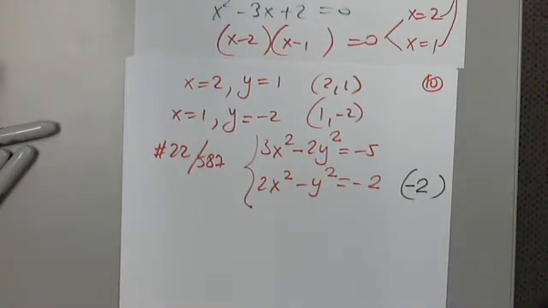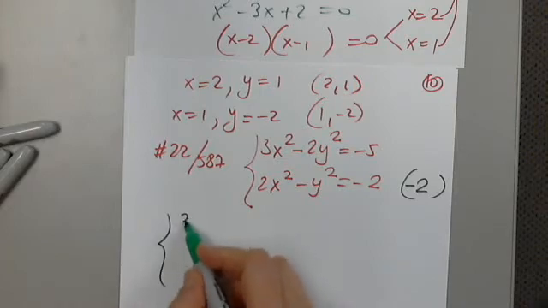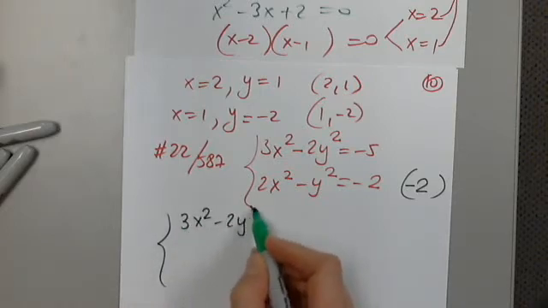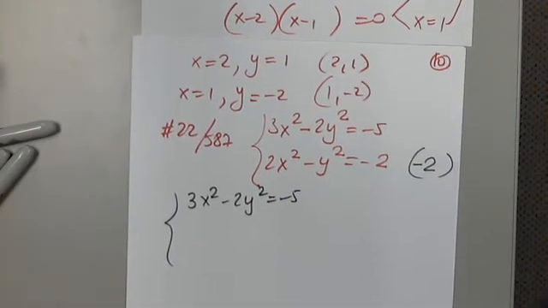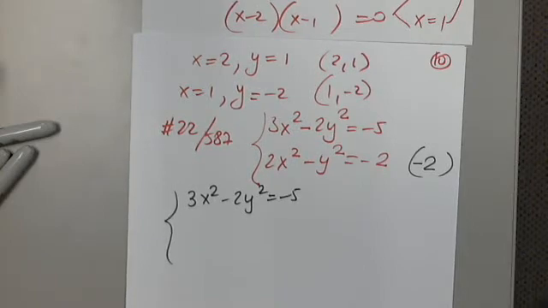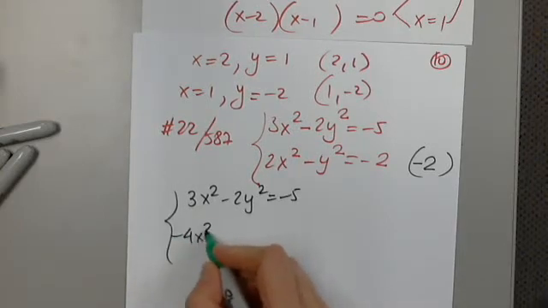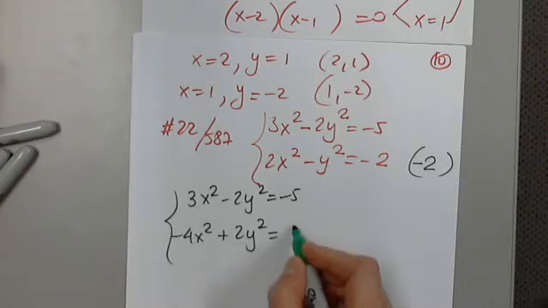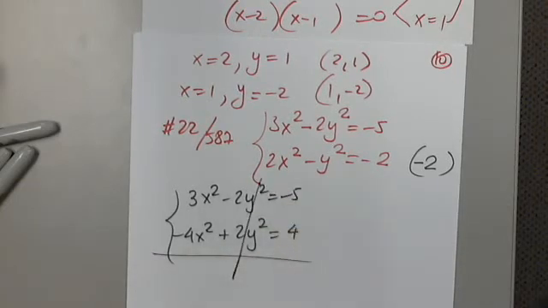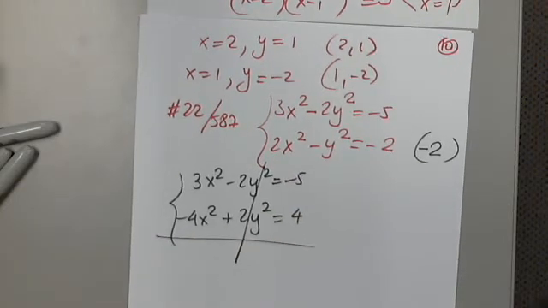Exactly. So I copy the first equation as 3x squared minus 2y squared equals negative 5. And I copy the second one as negative 4x squared plus 2y squared equals 4. Now I know that I can easily get rid of what I wanted to get rid of. One term is negative 2y squared. The other one is positive 2y squared. That's why they go away.